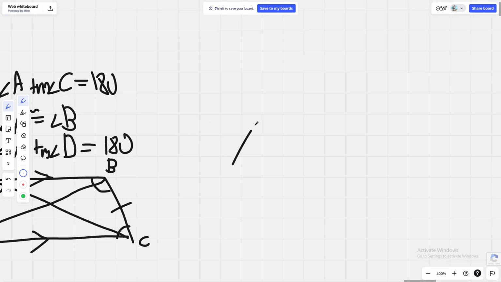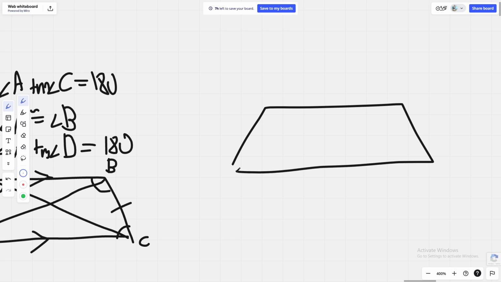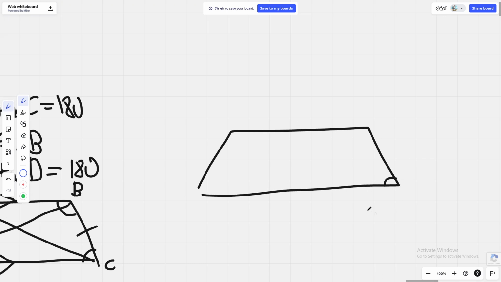So let's have an example. For example, we're given this angle, and this angle is 4x, and then let's say that this angle is 14x.